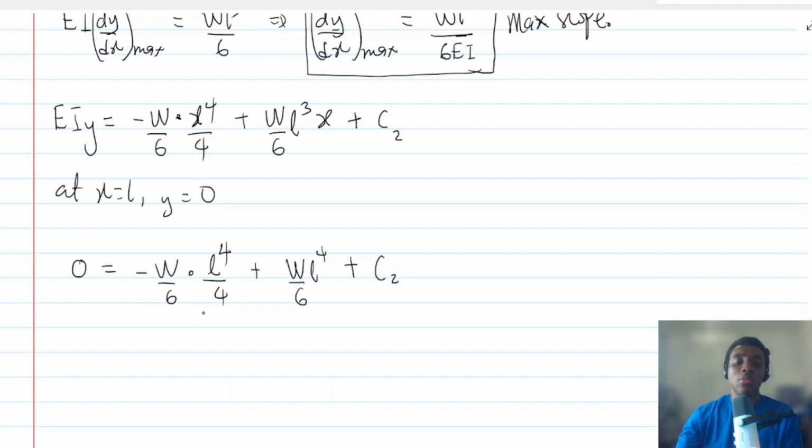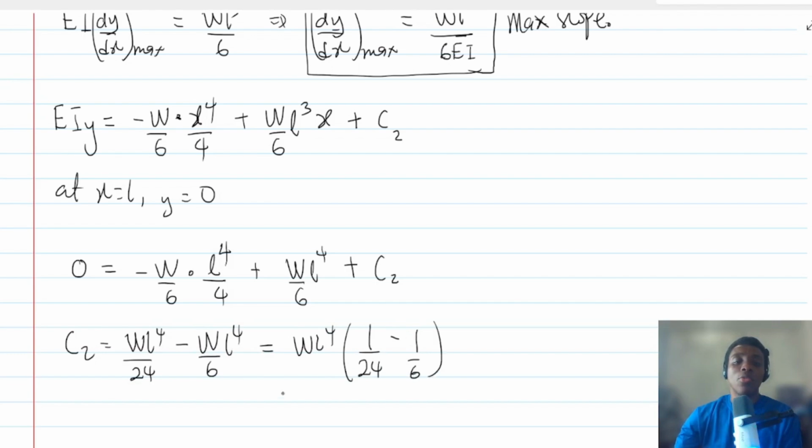Now from here, we need to solve for C2. When we bring this one here, it's going to be positive L to the power 4 over 24, and when we bring this one here, it's going to be negative L to the power 4 over 6. We have some things in common, so we factorize them out.